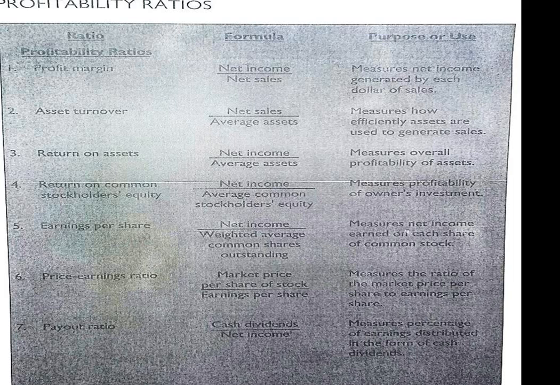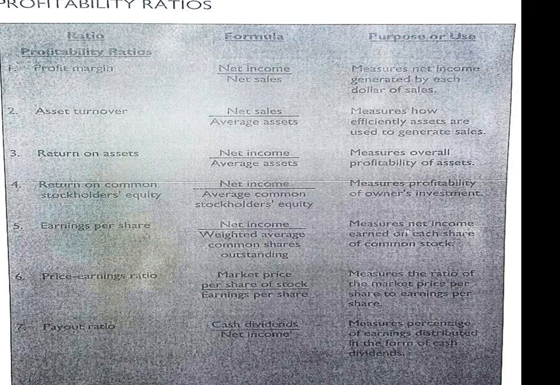Then the price earning ratio. This is the only one where we use the market price, which we can get from the newspaper, from TV, from the stock exchange. Market price per share of stock over EPS, or earnings per share.